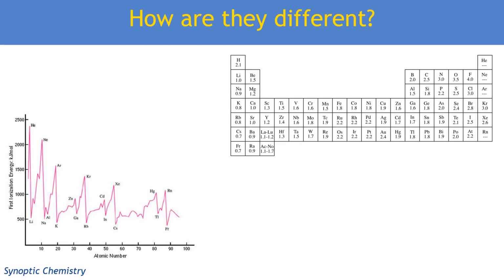So a very simple difference is that first ionization energy, or any ionization energy, has units of kilojoules per mole, whereas electronegativity, which is shown on this table on the right hand side, has no units, and in fact it's a very arbitrary scale, and you don't really need to know how it's worked out.